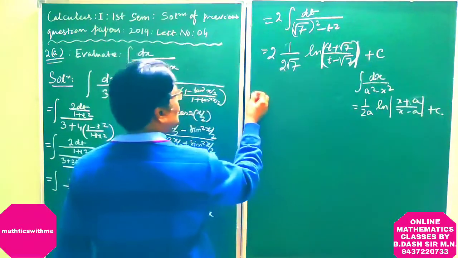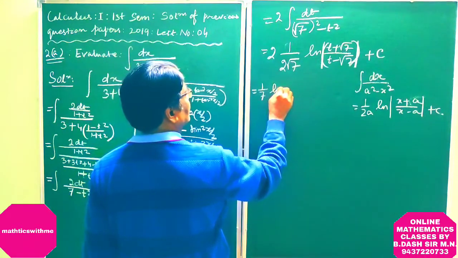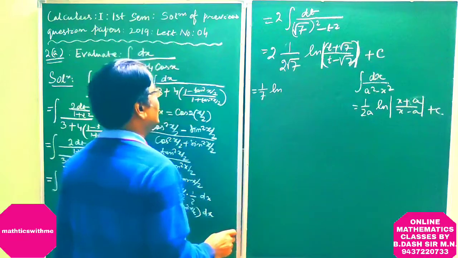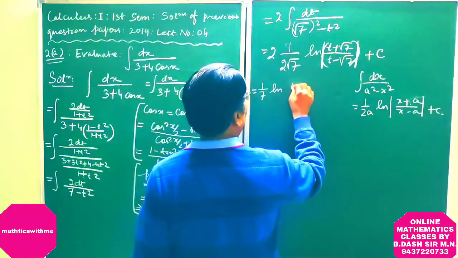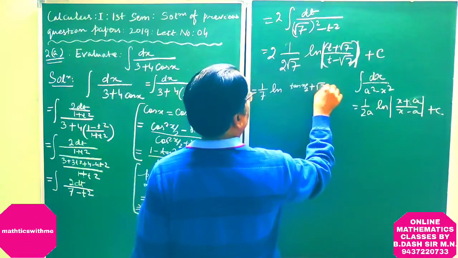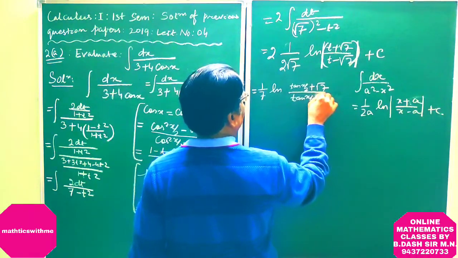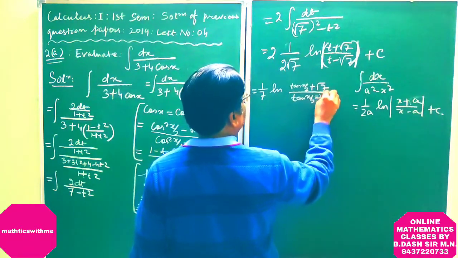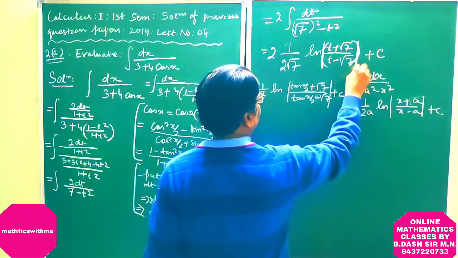So here 2 cancels, 1 by root 7 ln, and t can be replaced by tan of x by 2: tan of x by 2 plus root 7 by tan of x by 2 minus root 7, plus c.